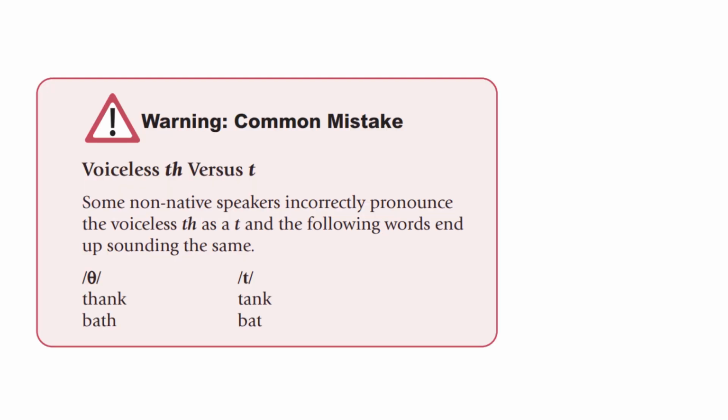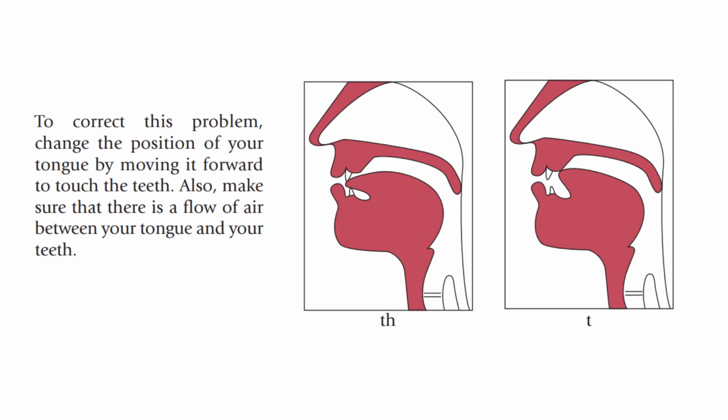Voiceless TH versus T. Some non-native speakers incorrectly pronounce the voiceless TH as a T, and the following words end up sounding the same. Thank, tank. Bath, bat. To correct this problem, change the position of your tongue by moving it forward to touch the teeth. Also, make sure that there's an airflow between your tongue and your teeth.